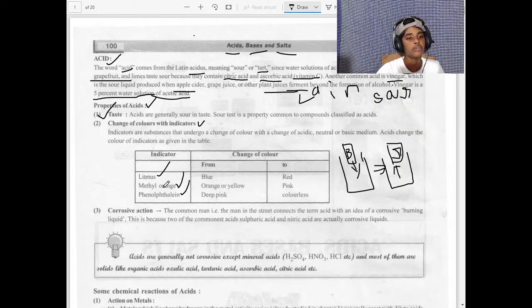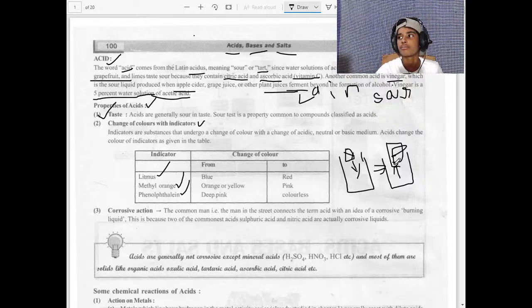And methyl orange, orange and yellow. Okay, we take yellow and pink color.